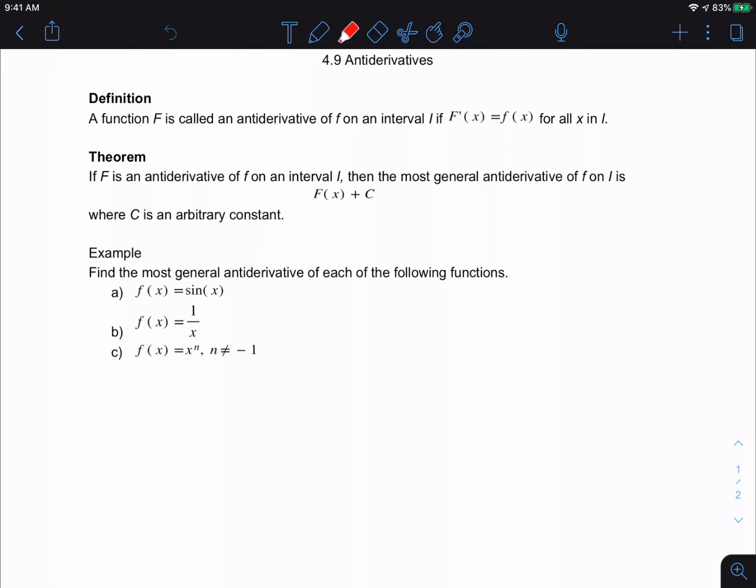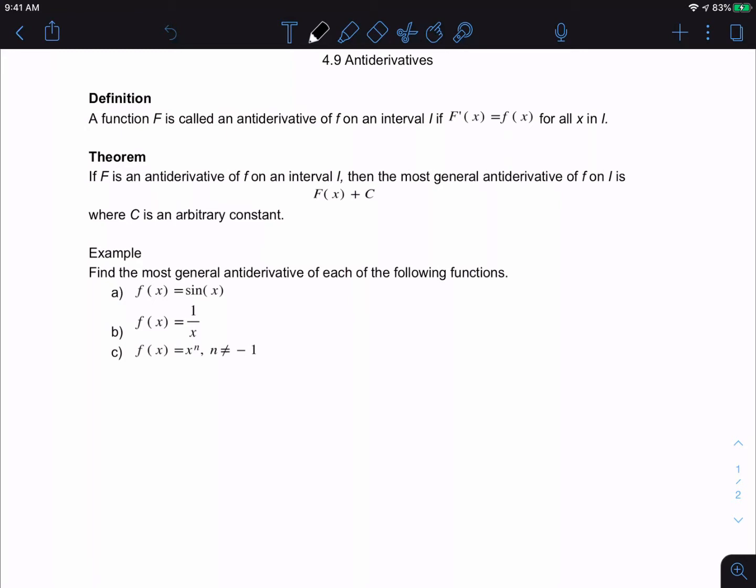A function capital F is called the antiderivative of another function lowercase f on some interval if the derivative of capital F equals lowercase f for all of the x's in our interval I. That probably doesn't mean a whole lot to you guys, so you're probably a little confused, and that's okay. I'll explain that to you guys.